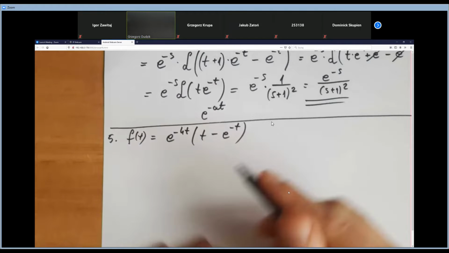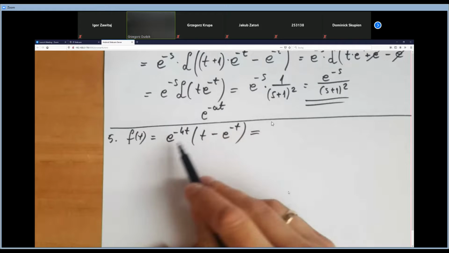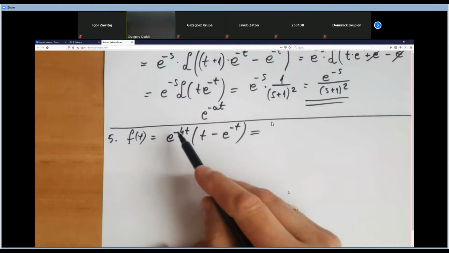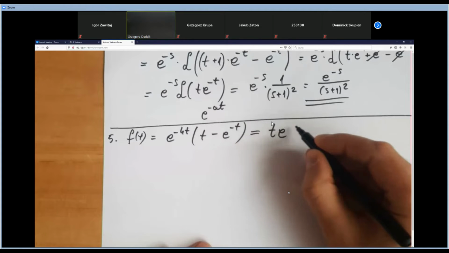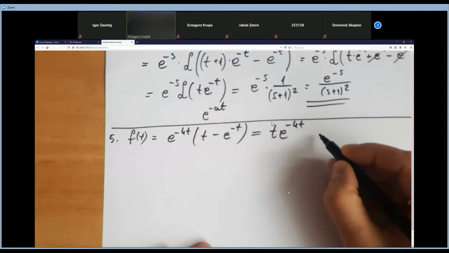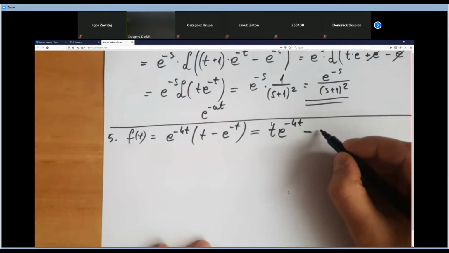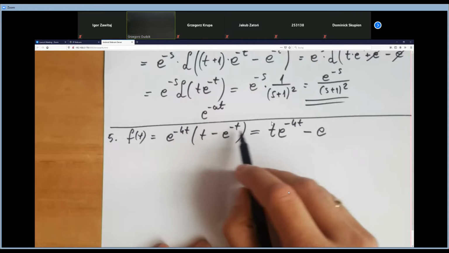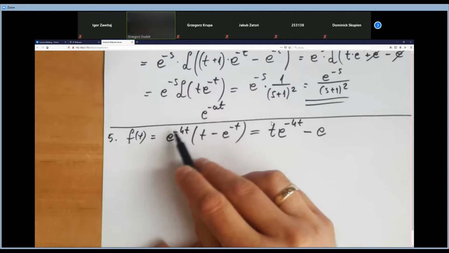So what do we have to do firstly? Let's multiply this component e to the power of minus 4t by the bracket. So this is t e to minus 4t, minus, as you see, we've got the minus here and minus here, we have to substitute the power values.